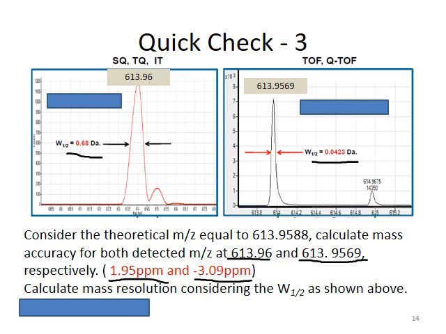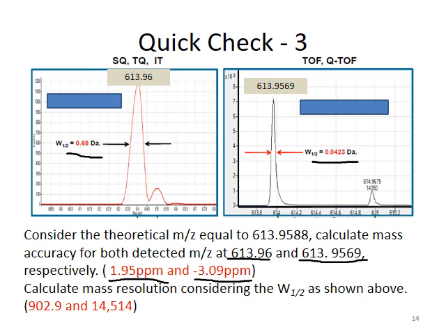To calculate mass resolution, considering the peak width as we have just described, recall the formula: m over z divided by peak width at half height. The answer should be 902.9 on your left, 14,514 on your right.